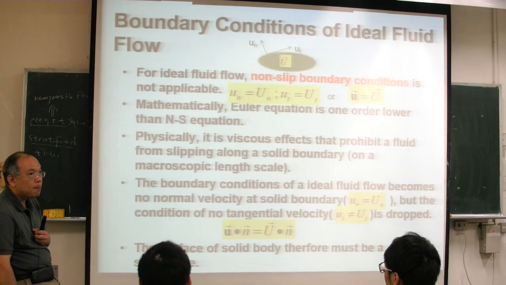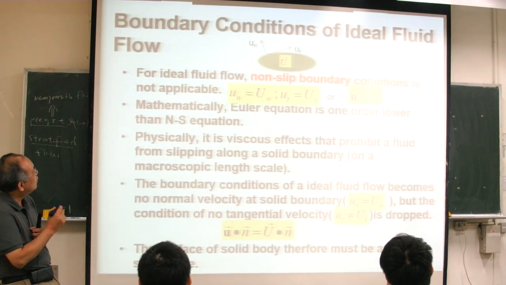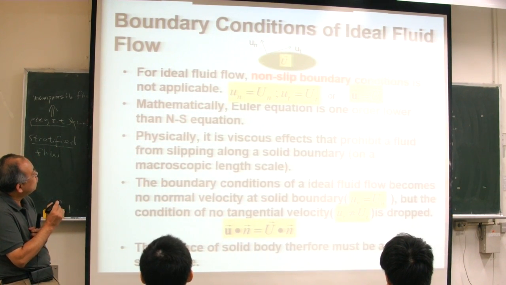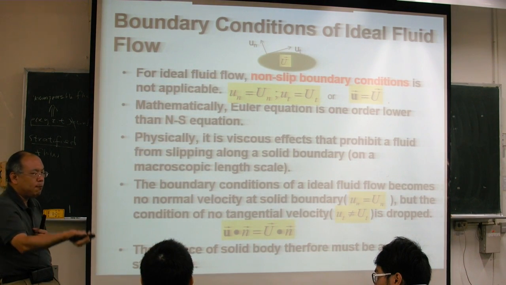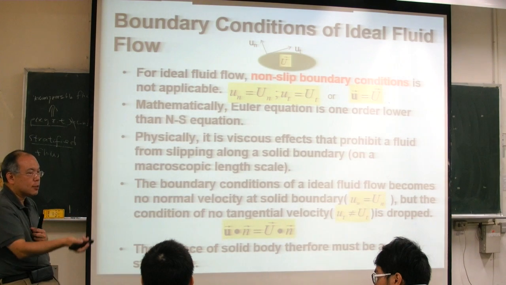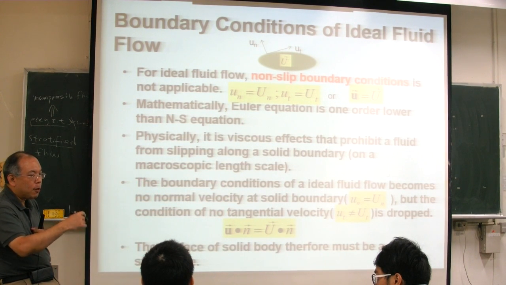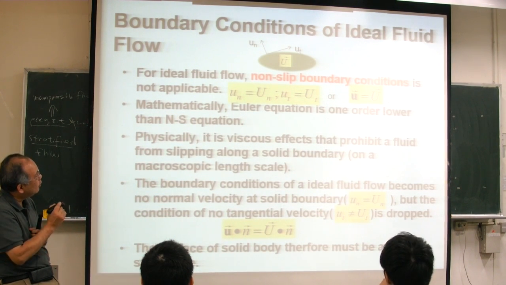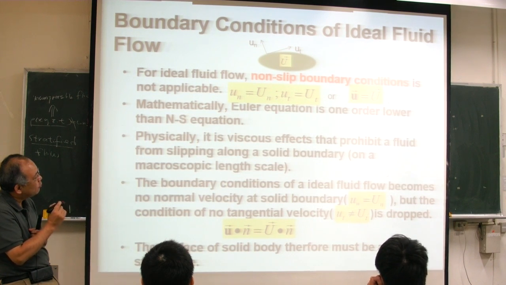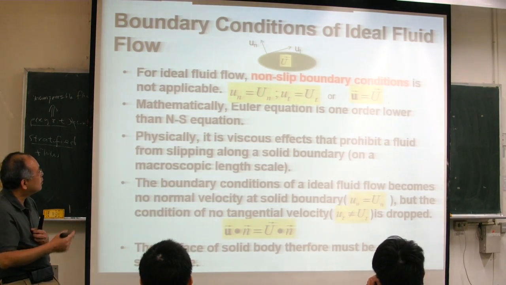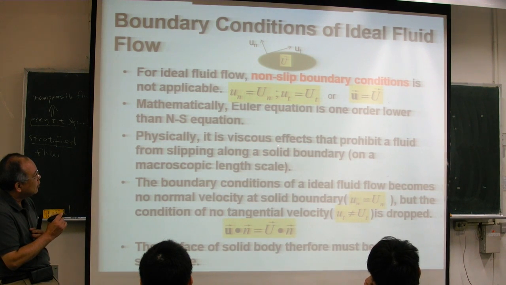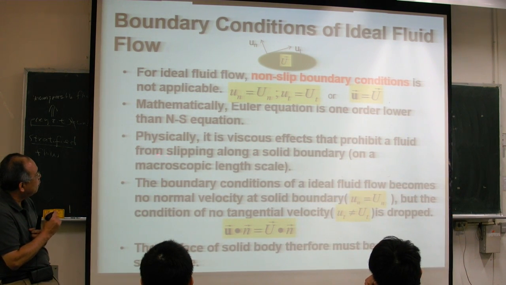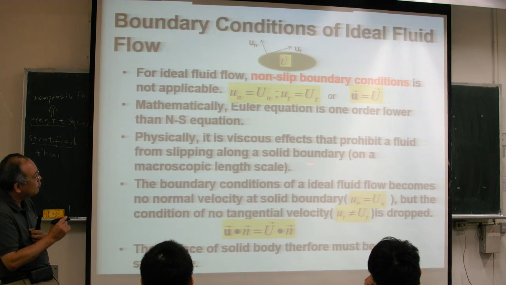However, for the ideal fluid, we neglect the viscous term, right? So our boundary condition can no longer satisfy the no-slip boundary condition, because only the viscous effect can prohibit the flow from slipping along the solid boundary.